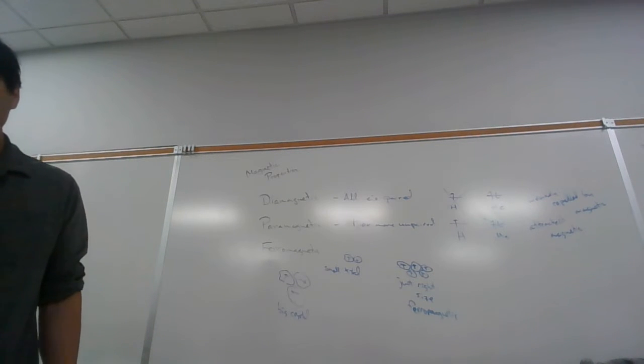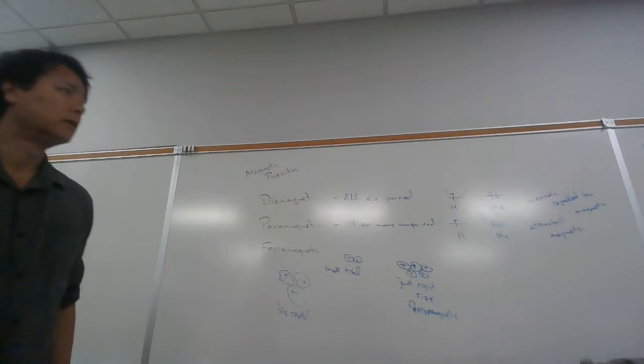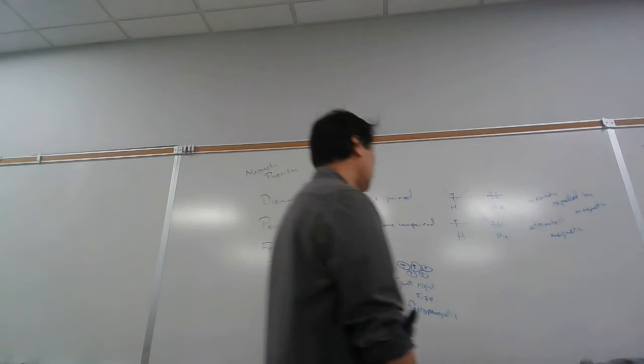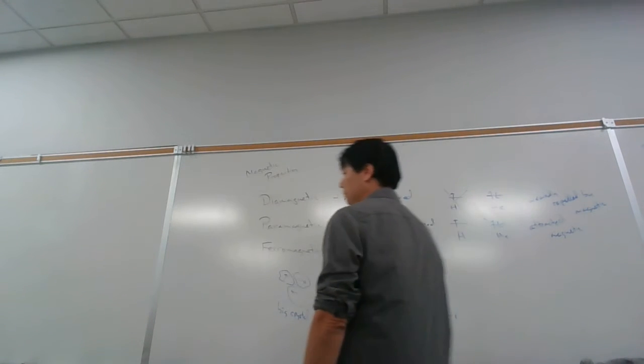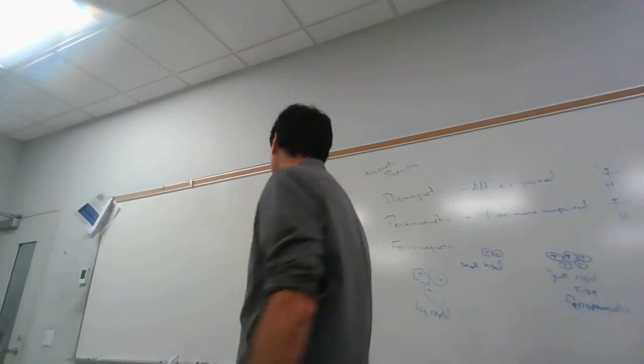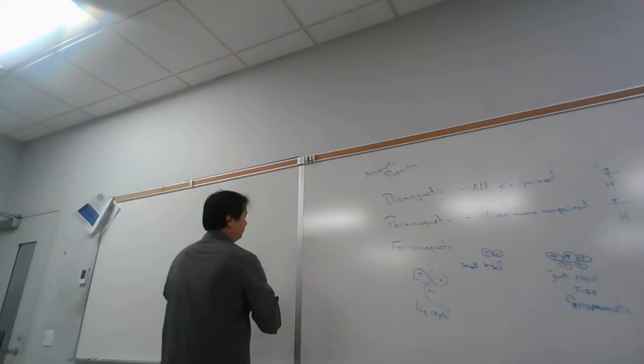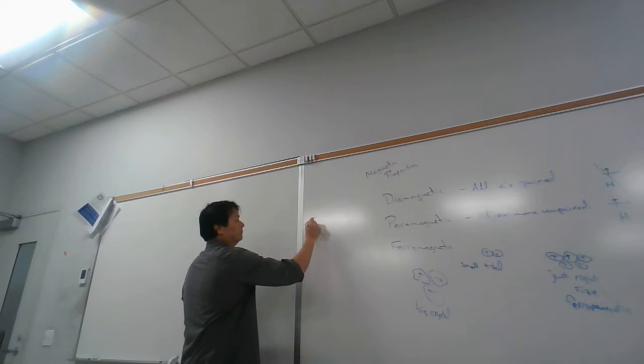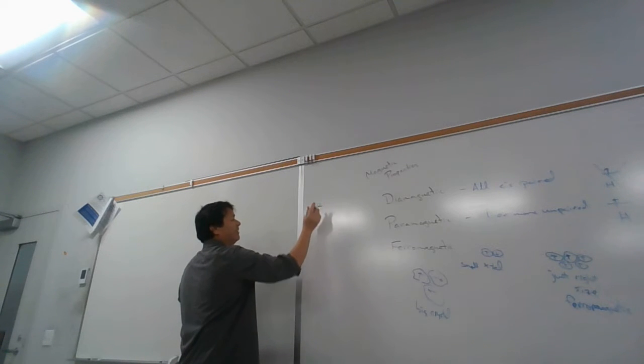So sometimes when we're looking at electron configurations, we can tell, like chromium. If we look at chromium, how many unpaired electrons does chromium have?